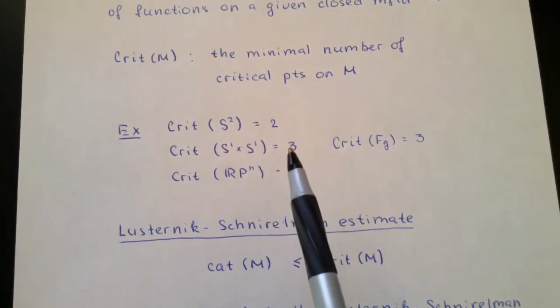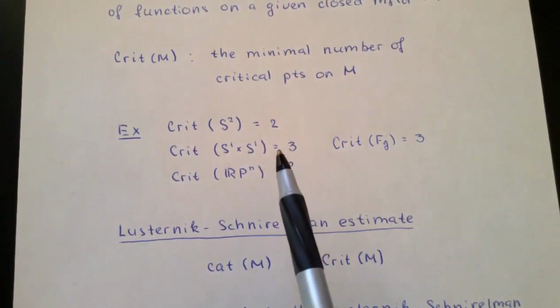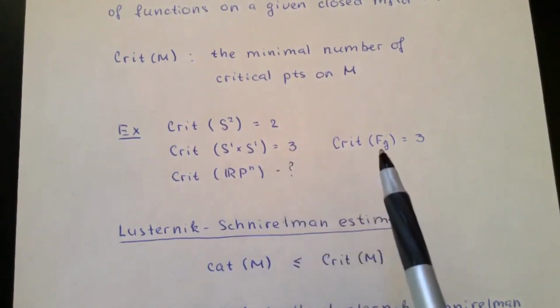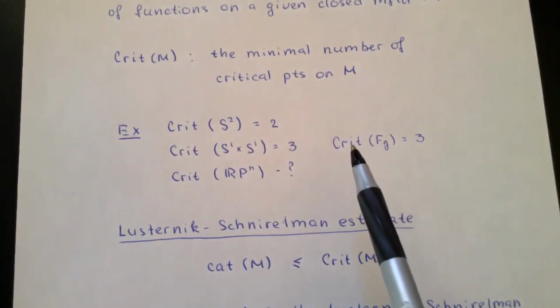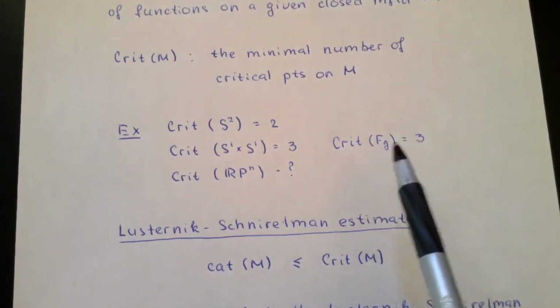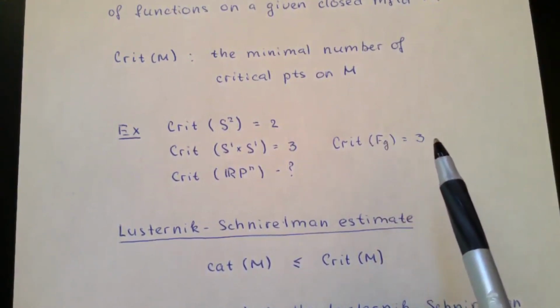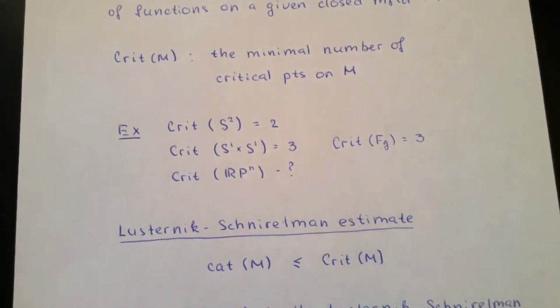In this case, we would have 1 minimum, 1 maximum, and we may arrange that the third critical point is a monkey saddle. In fact, for any orientable closed surface of dimension 2, the number of critical points can be always 3. We can always find a function on such a surface so that it has only 3 critical points.